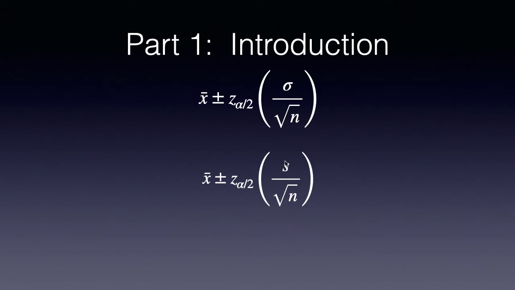And when we throw in S, it also changes the distribution properties of X bar. That means X bar is no longer normally distributed. So if it's no longer normally distributed, then what is the distribution for X bar, and what happens to that Z alpha over 2? Based on that question, I'm glad you asked. So let's move forward to the next component.